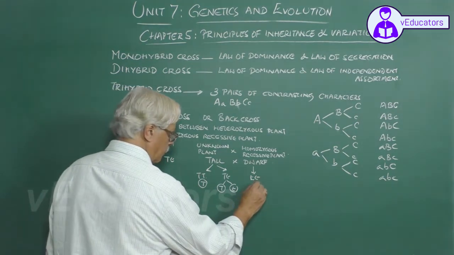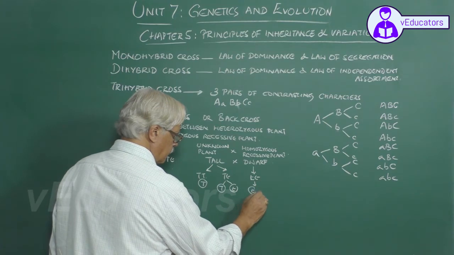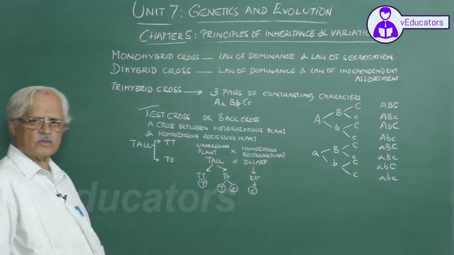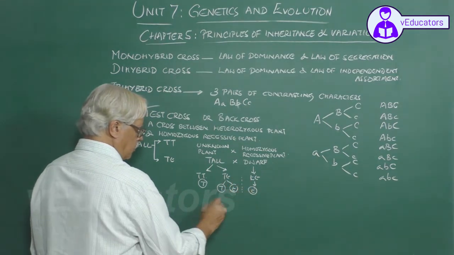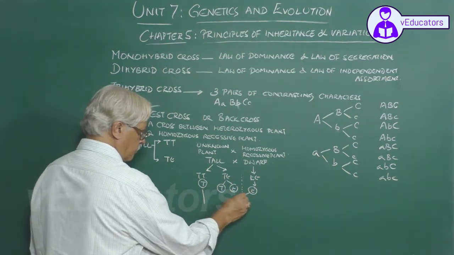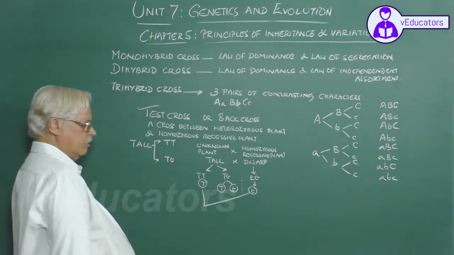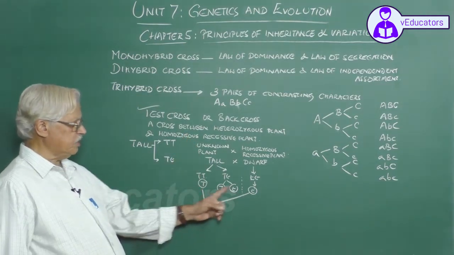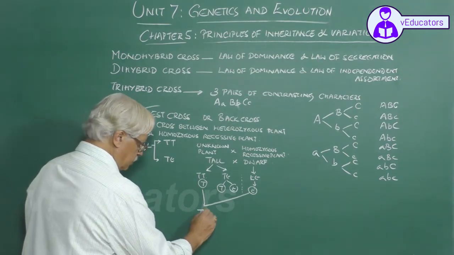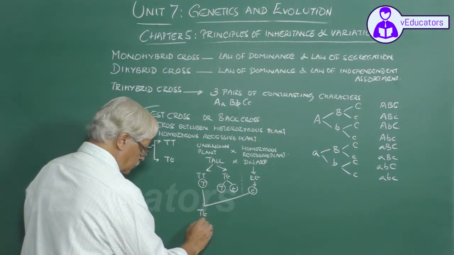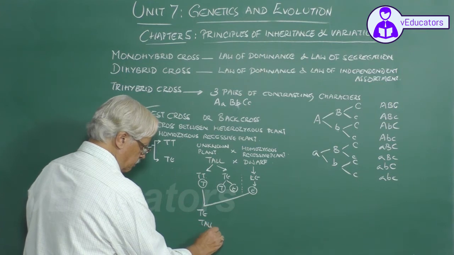Here all gametes are small t. Suppose these two gametes meet, tall and dwarf. The result will be capital T small t. So all the resulting plants will be tall.